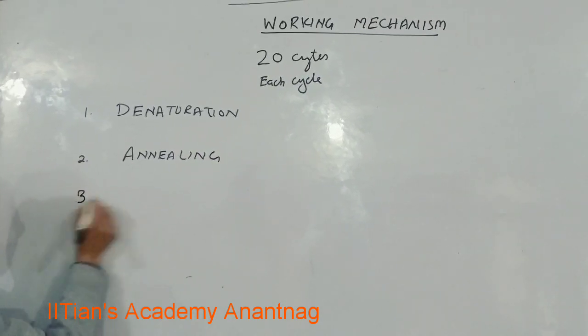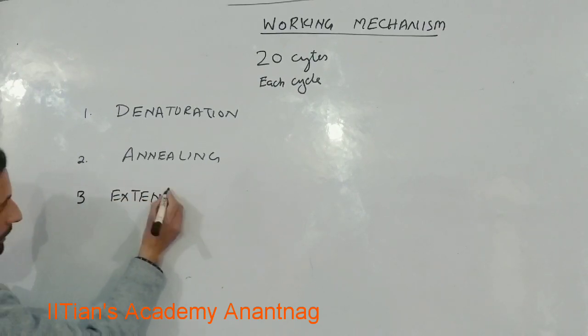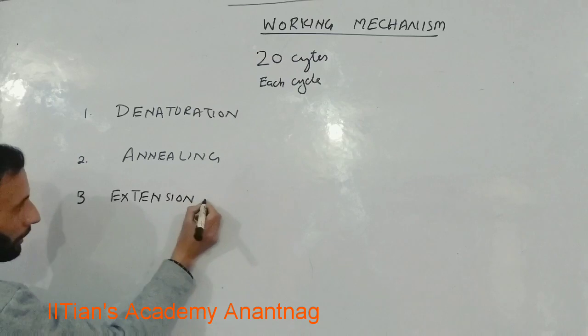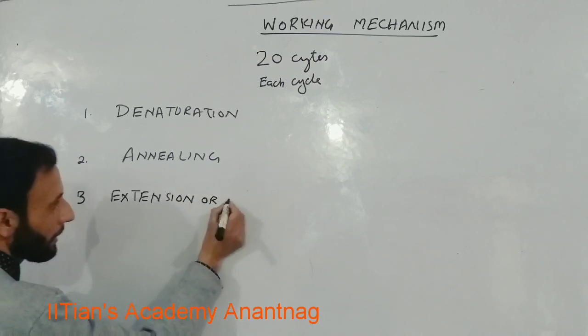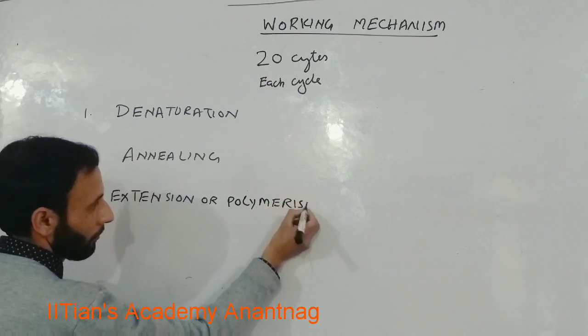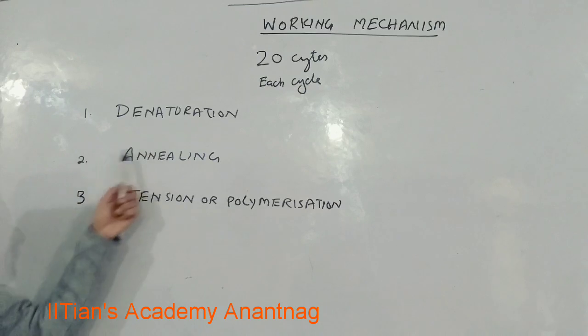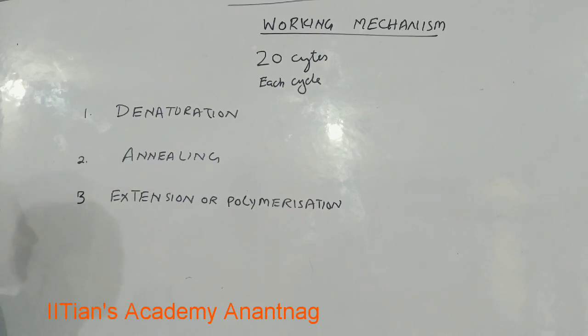The third step is extension. Extension is also called polymerization. So there are three steps of the polymerase chain reaction.